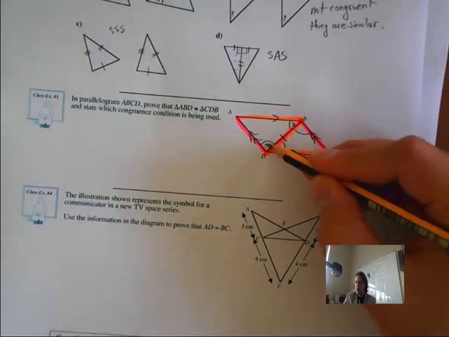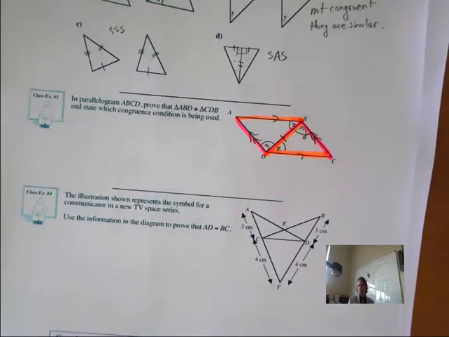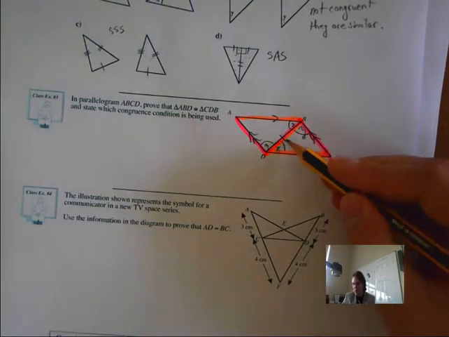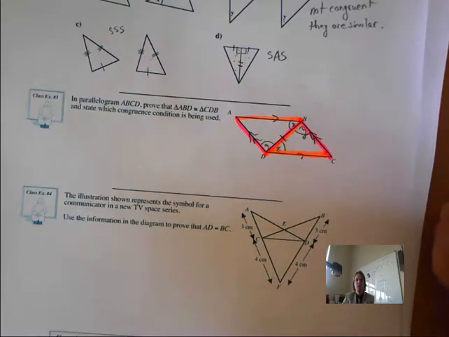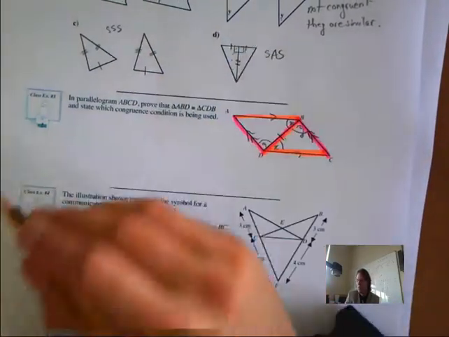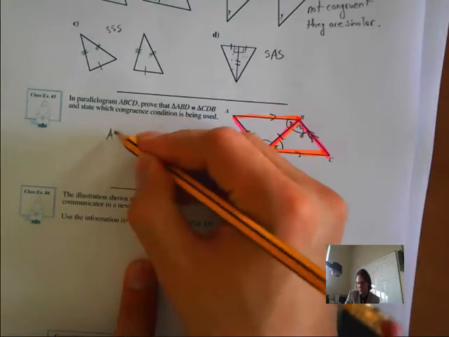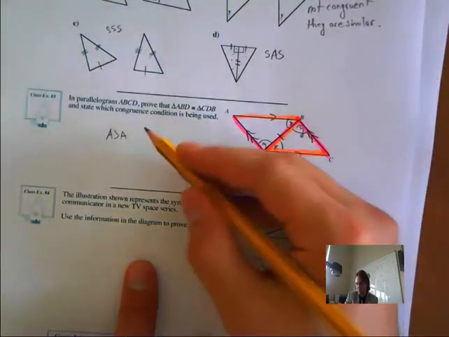This is y, and this is y. So now if we look at it, what do we have? We have angle, side, angle, and angle, side, angle that are the same. So because of angle, side, angle, these triangles are congruent.